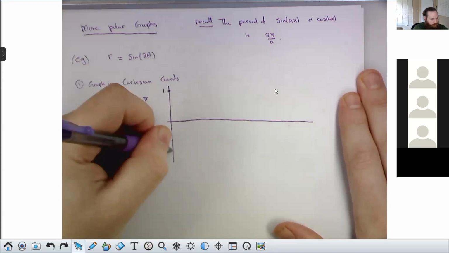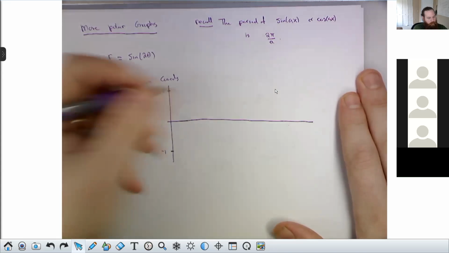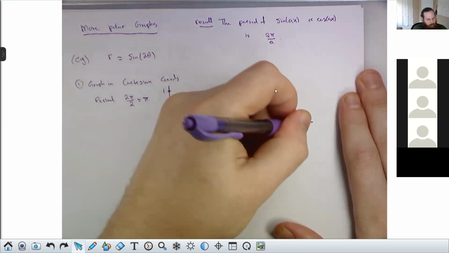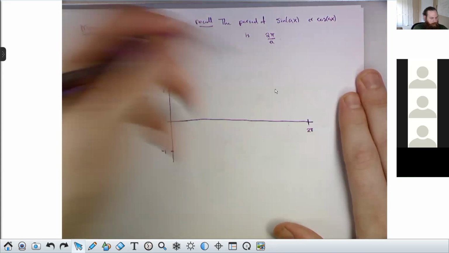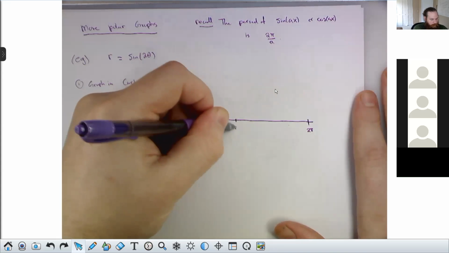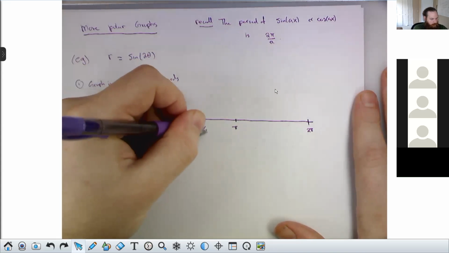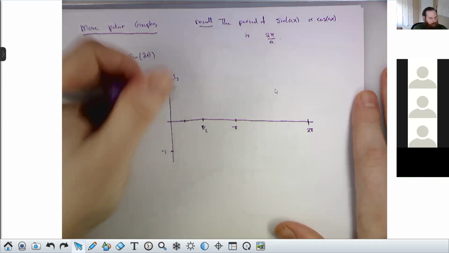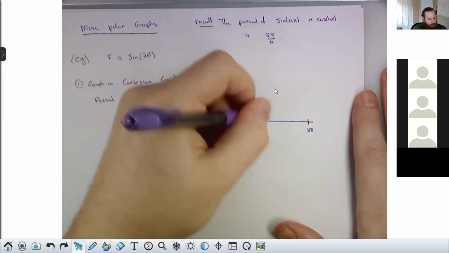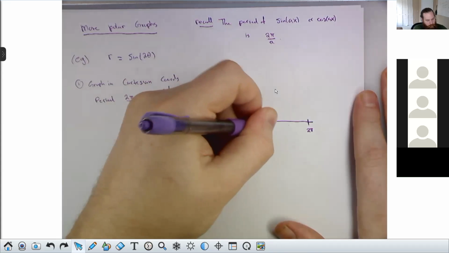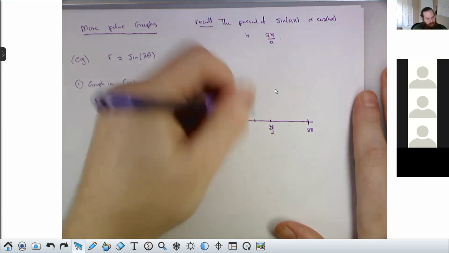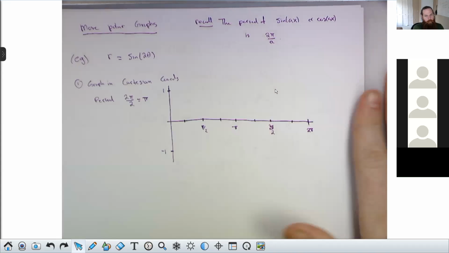That means I'm going to go through 2 full periods of this function from 0 to 2 pi. So I'll mark this as 2 pi, which makes this pi. Here's pi over 2, which means this is pi over 4, 3 pi over 4. This is 3 pi over 2. So this is 5 pi over 4 and 7 pi over 4.